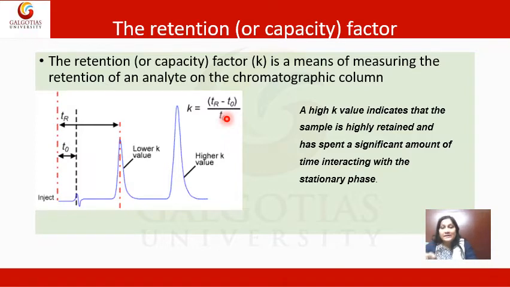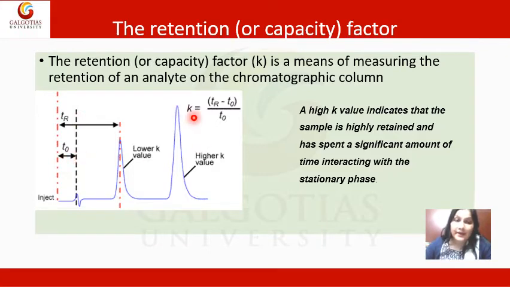It means that component has zero affinity with the stationary phase and maximum affinity with the hexane. So T naught is the retention time of the non-retained component in the chromatographic system. It generally appears as a disturbance in the baseline. You can see here this is T naught. It is an indication that the non-retained compound is coming out with the solvent front at T naught time.